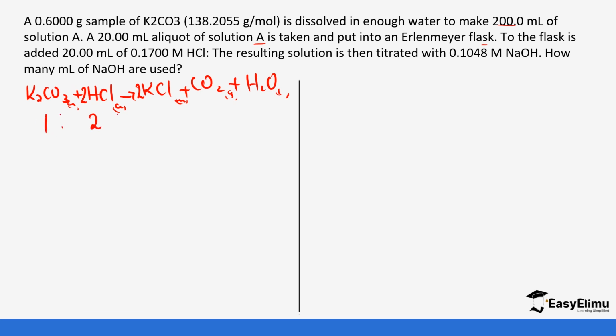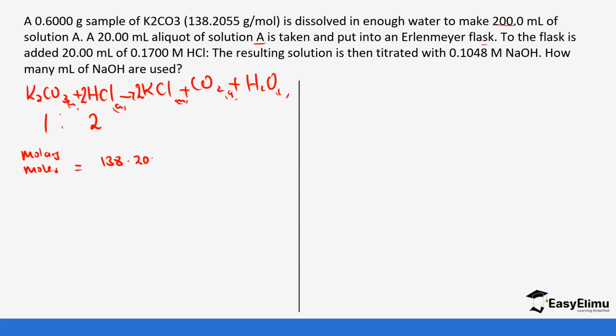So when you look at the carbonate, we have been given the grams per mole, which is 138.2055 grams per mole. That is the molar mass. And then we have also been given the mass, which is 0.6. So if you want to get the molarity in moles per liter, you look at the mass per liter.